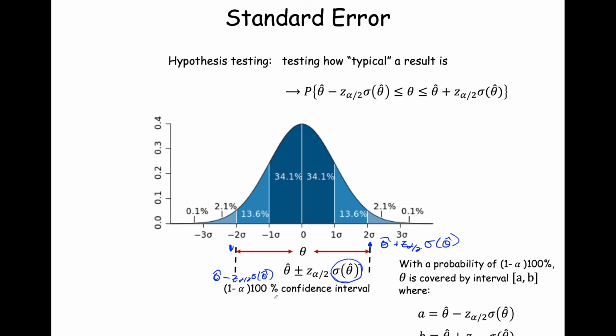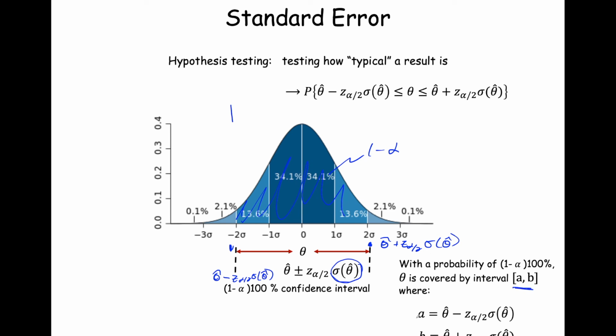And this is going to be our 1 minus alpha times 100% confidence interval, because if we take the area under the curve in this region, that's going to represent 1 minus alpha of the total probability. And so with a probability of 1 minus alpha times 100%, our unknown ground truth population parameter is covered by this interval A and B.